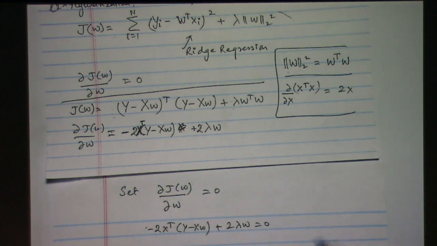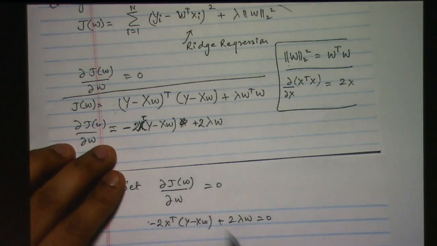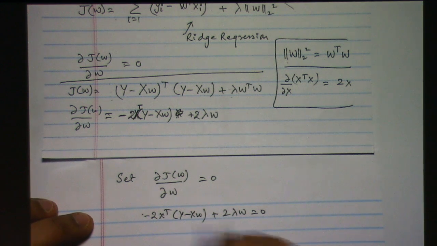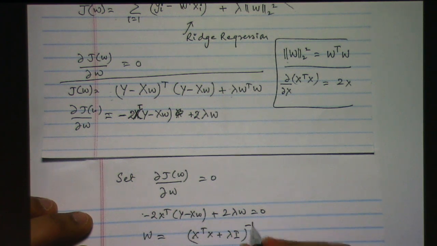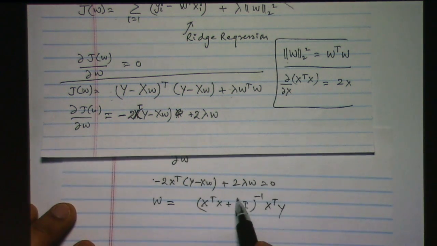The 2 disappears. That's why people usually put a half here, so that it goes away beforehand, but it doesn't matter. The w that you get when you rearrange these will look like this: x transpose x plus lambda I, inverse, times x transpose y. Very similar to linear regression, except that we have this new term.